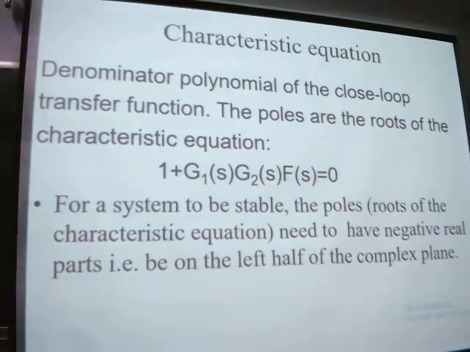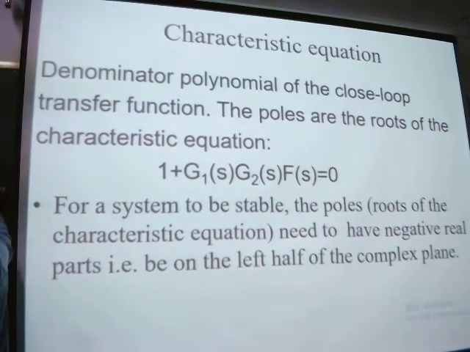Now, for the closed loop, the transfer function equals C(s) by R(s), which equals G(s) over 1 plus or minus G(s)H(s).